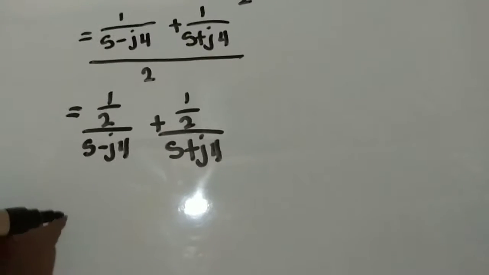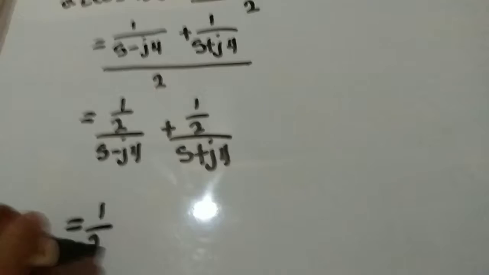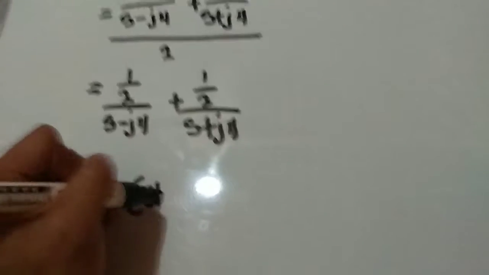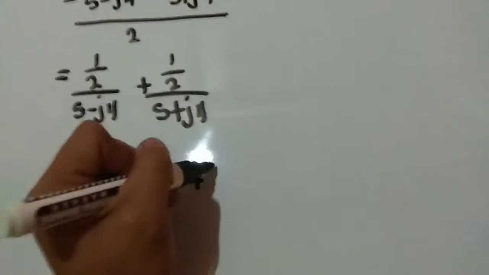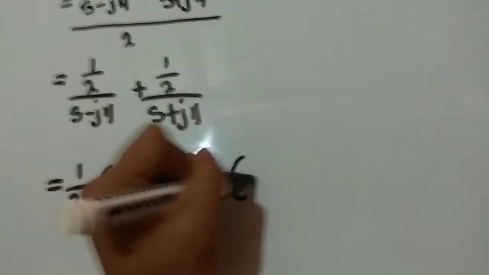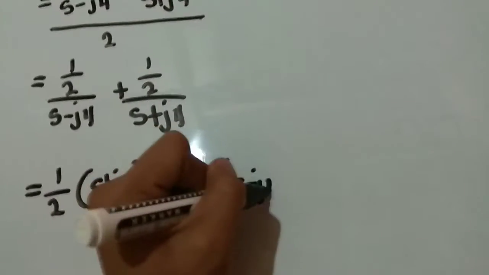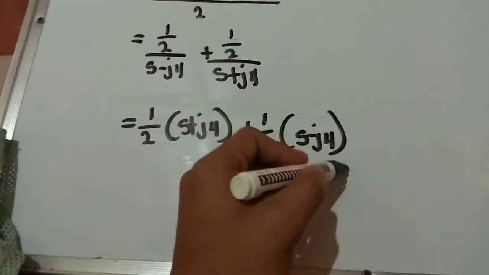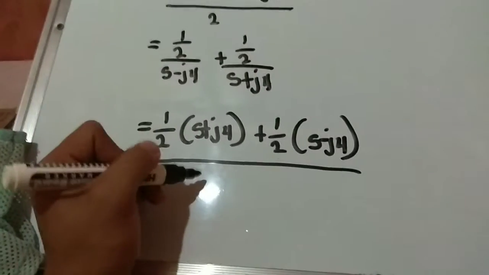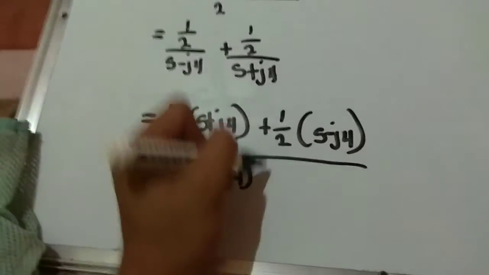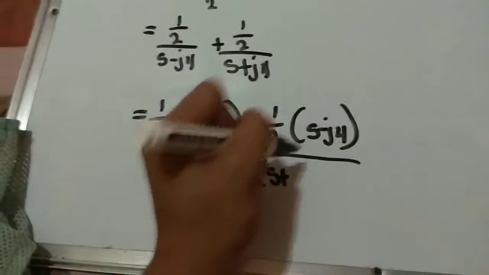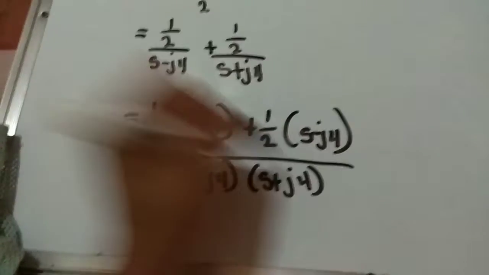Cross multiply, so 1/2 times s plus j4 plus 1/2 times s minus j4, all over the product of s minus j4 and s plus j4.